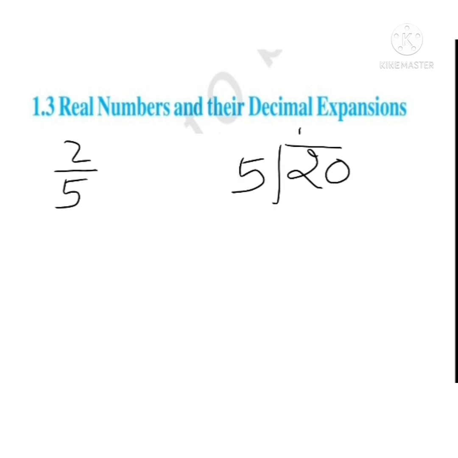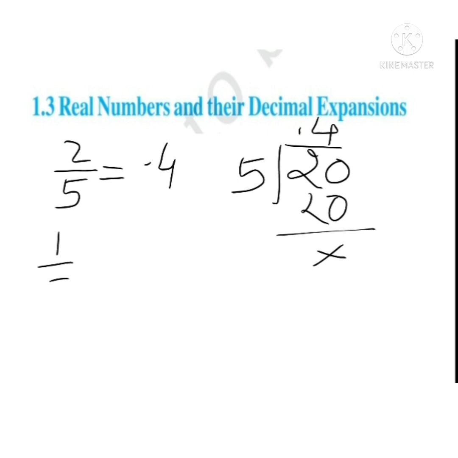For division, we place a point and a 0, and 5 4s are 20. That's it. So the decimal expansion of 2 by 5 is 0.4.